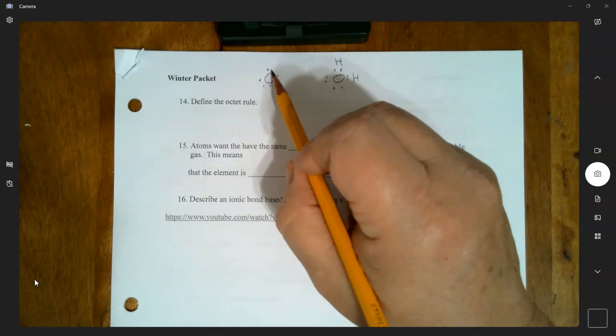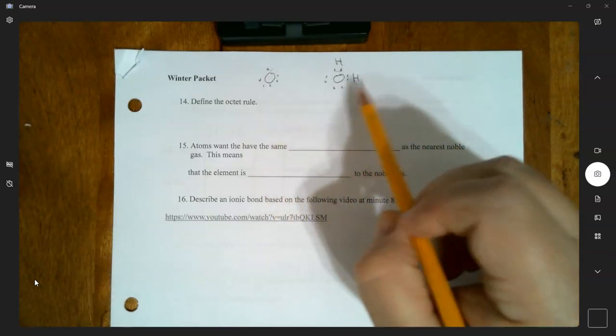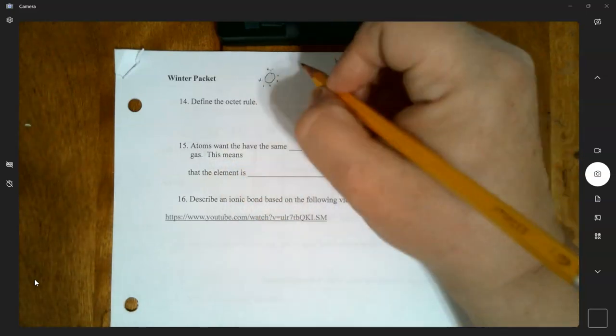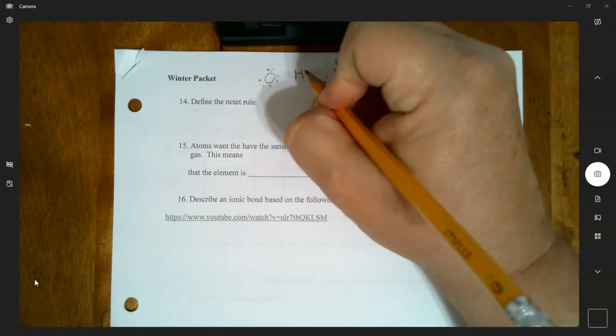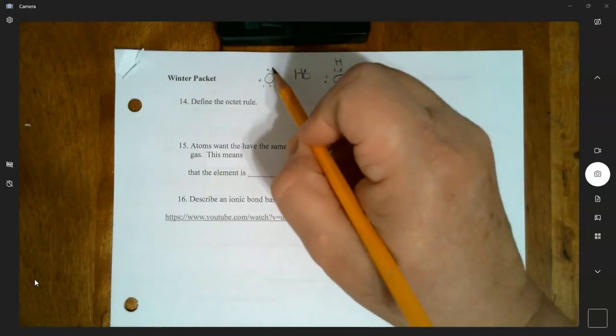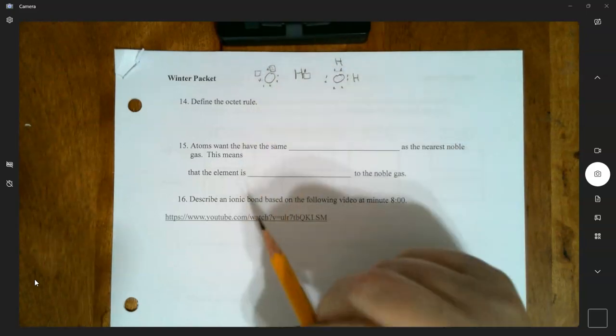So it has 2 docking stations, if you want to think of them, for hydrogens. One there, and I drew it on this side, but it could be on either side. It doesn't matter which side you put it on. And hydrogen has 1 valence electron, so it has 1 location where it can have a second electron. Okay, for oxygen there's 2.